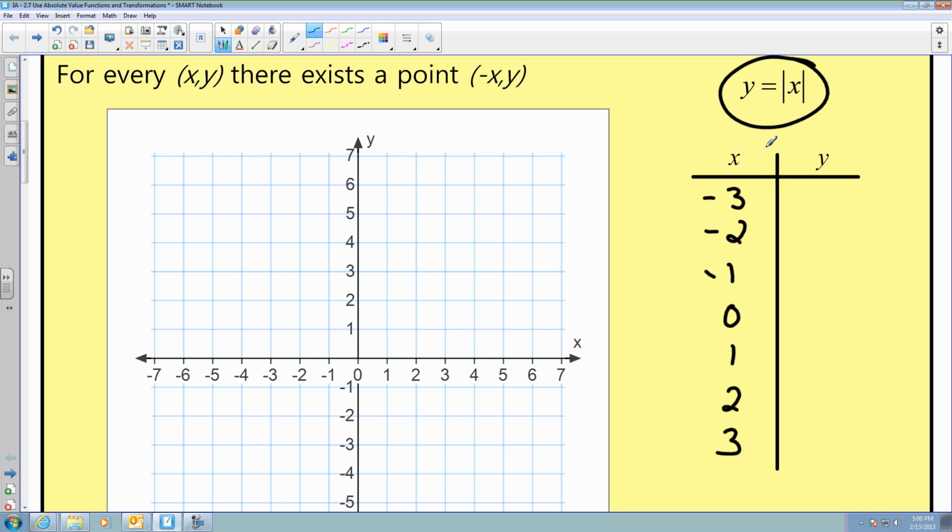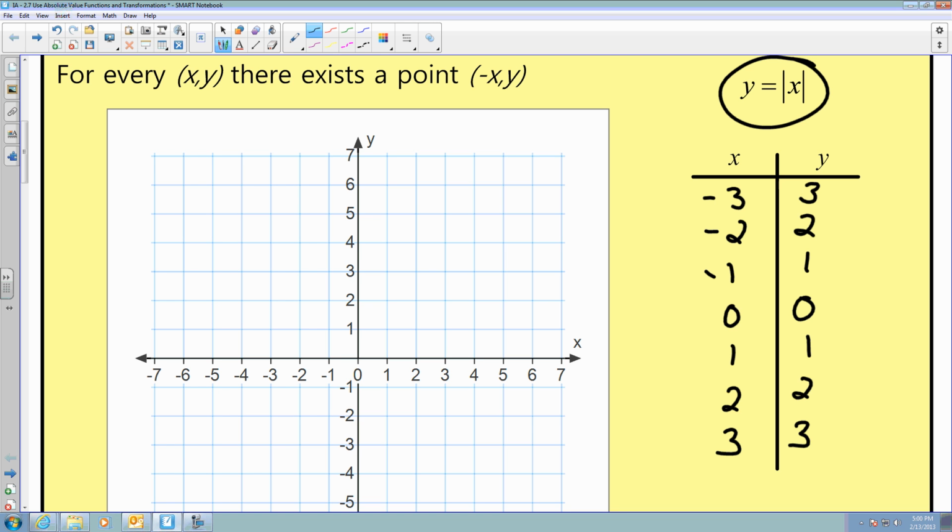If x is -3, I need to find the absolute value of -3, which is 3. The absolute value of -2 is 2. Absolute value of -1 is 1. Absolute value of 0 is just 0. Absolute value of 1 is 1. Absolute value of 2 is 2. And absolute value of 3 is 3.